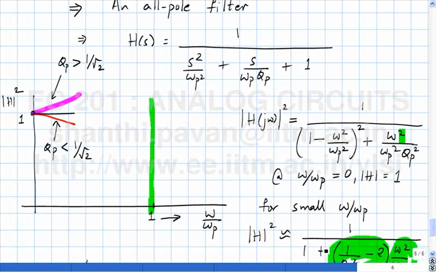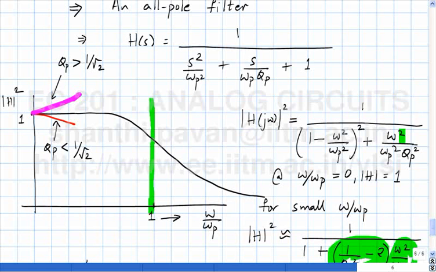For large omega by omega p, what must happen to the responses? Whatever the value of q is, for large omega by omega p they must all fall off with frequency. Whatever these were initially, they must do this. They'll go to 0 only at omega by omega p tending to infinity, so they must curve that way.